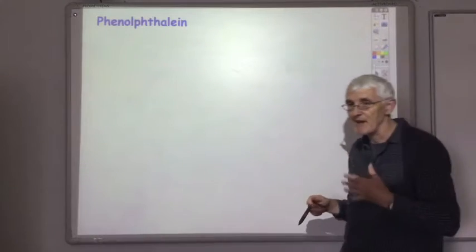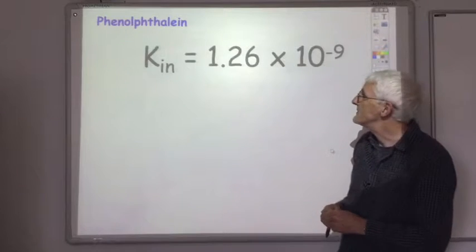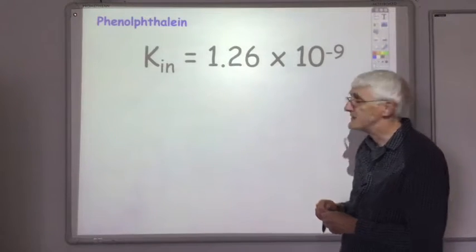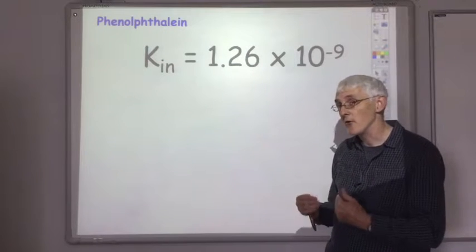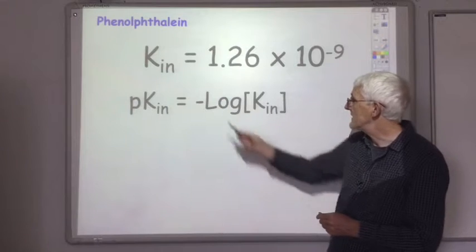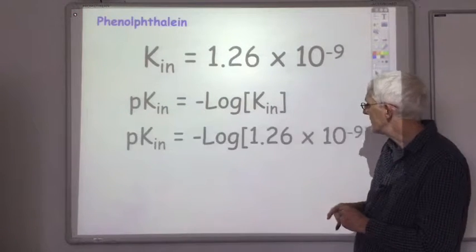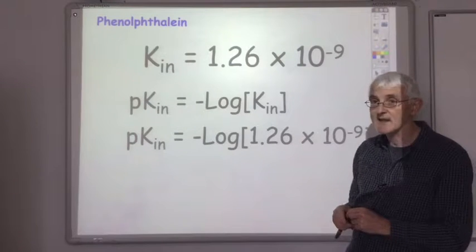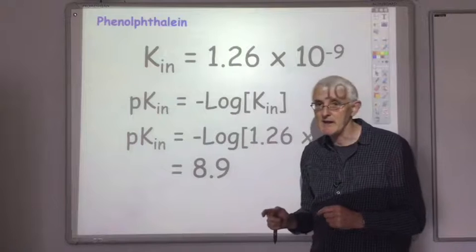So let's stick with phenolphthalein for a minute. The equilibrium constant for phenolphthalein is 1.26 times 10 to the -9. So from that we can work out what the pKn value is. The pK value is the negative log of the equilibrium constant. So the negative log of 1.26 times 10 to the -9 is equal to 8.9.